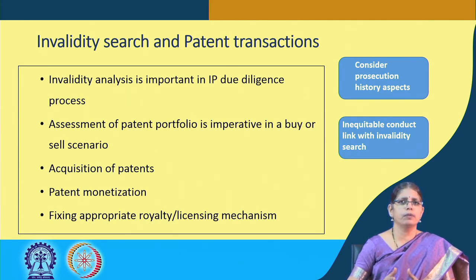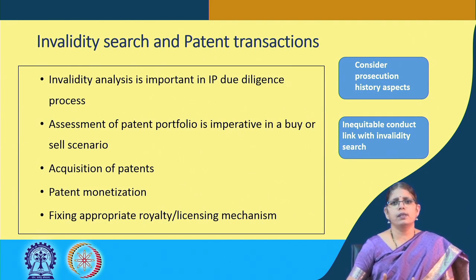So, when someone is investing so many $1 million worth of money on a bad patent, what entails in the entire process is something which is not worthwhile. So, for patent monetization also, the invalidity search becomes an important consideration.